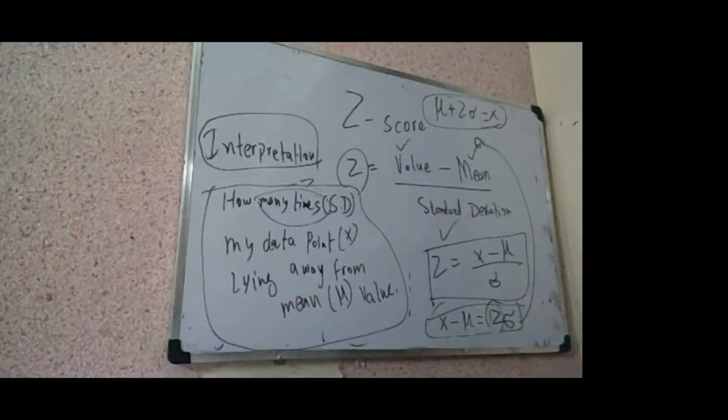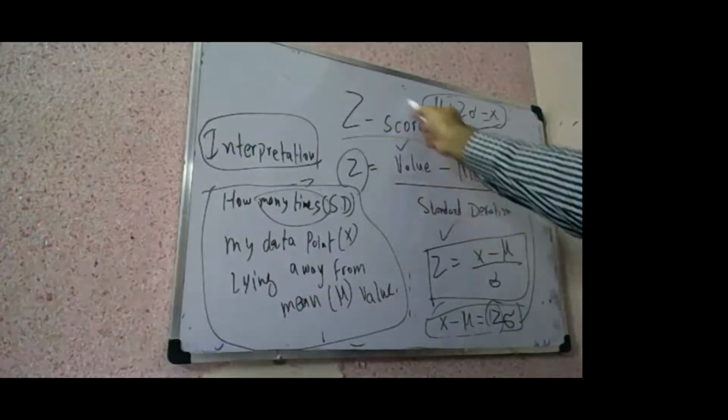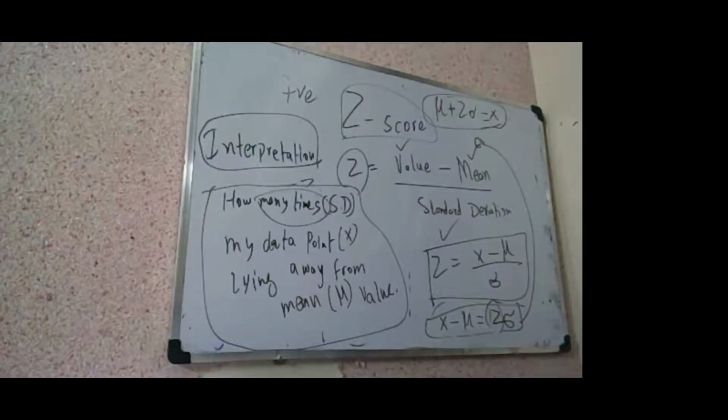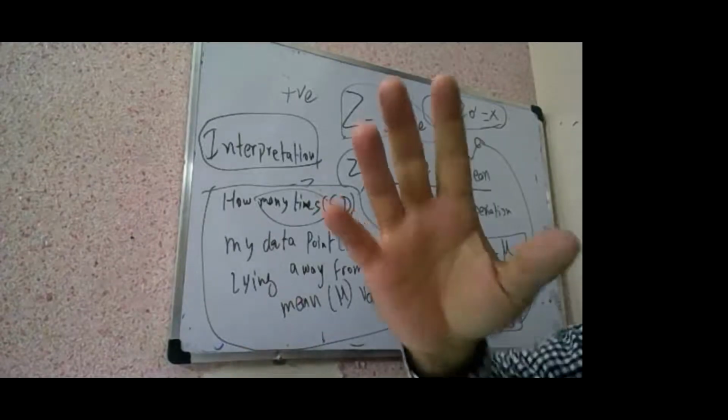So here I can also extract: if z is positive, if this score is positive, then it's positively skewed. If it is negative, then it's on the left side. So that's the interpretation. Okay. Do you understand this concept of z score? Now we will see it with an example. It's easy.